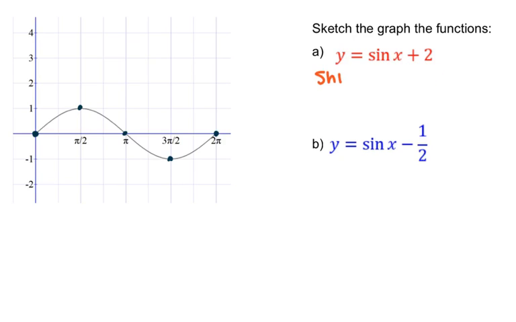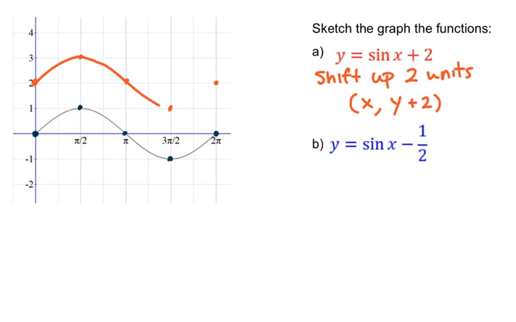So in words, we would say this means we're going to shift up 2 units. If we want to think about what that's going to do to our ordered pair, that's going to take my y and increase it by 2. So all of these key points, the y value, they're going to move up 2 units. So we have the exact same sine curve, it's just shifted up 2 units.